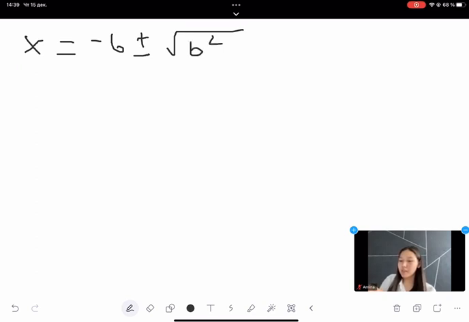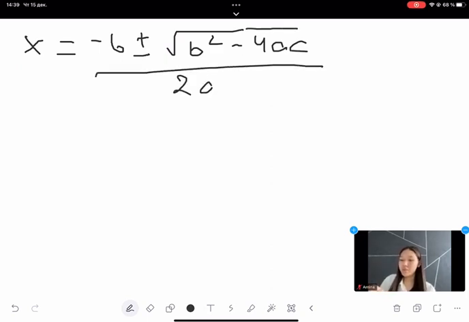Next, this is the formula: x equals minus b plus or minus root of b squared minus 4ac, over 2a.